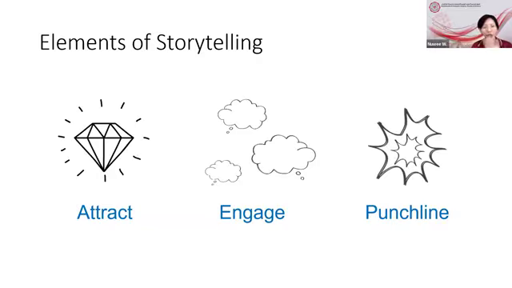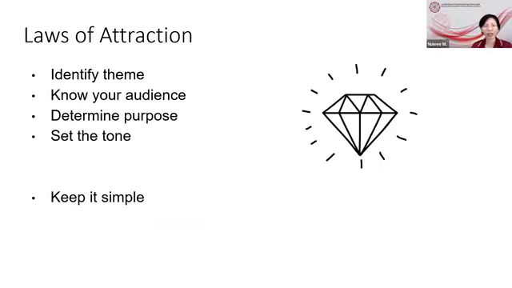If you fail to engage them, they will just abandon it halfway. And if you don't deliver the punchline, they will just leave without getting the point of what you want to say. Attract means making people start listening to you, engage means they won't drop off halfway, and in the end, after they have listened, they still remember because there is a punchline.